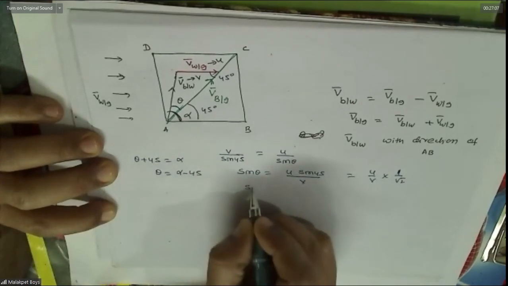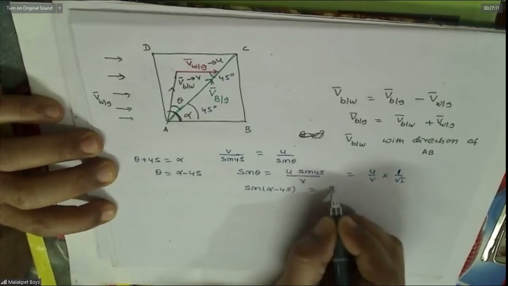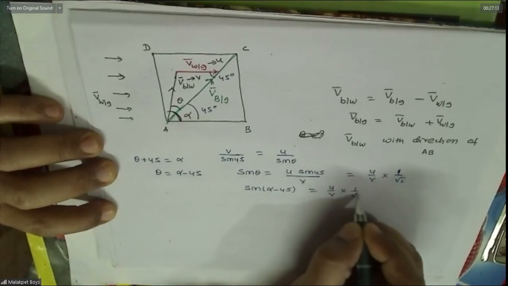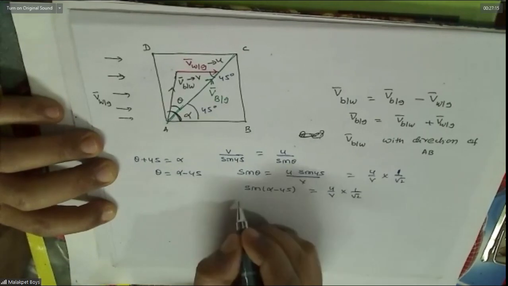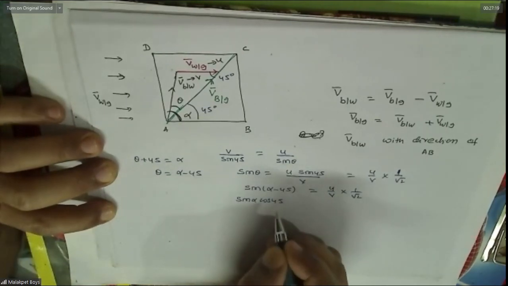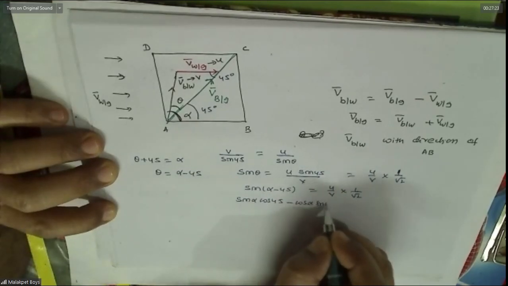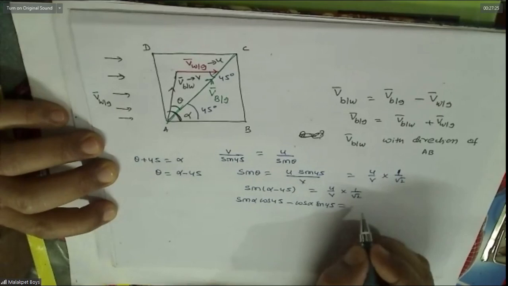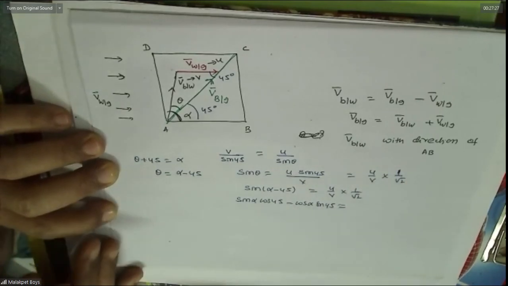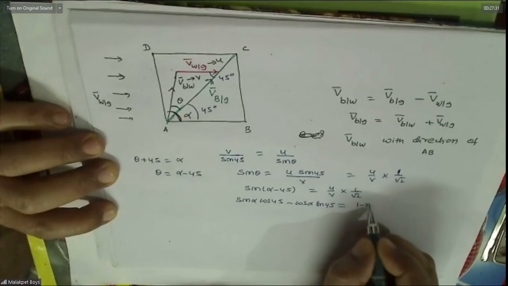This is nothing but sine of (alpha minus 45) is U by V into 1 by root 2. This is sine alpha cos 45 minus cos alpha sine 45, equal to U by V, which is already n, so (1 minus n) by (1 plus n) into 1 by root 2.